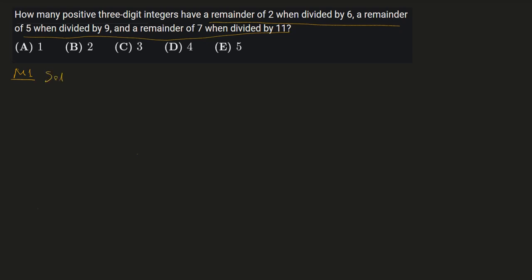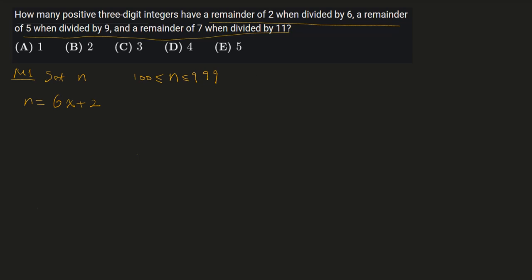Let's set this integer n. Since it's a 3-digit integer, it's got to be between 100 and 999. At the same time, since it has a remainder of 2 when divided by 6, I can write it this way: n equals 6x plus 2, where x is an integer.